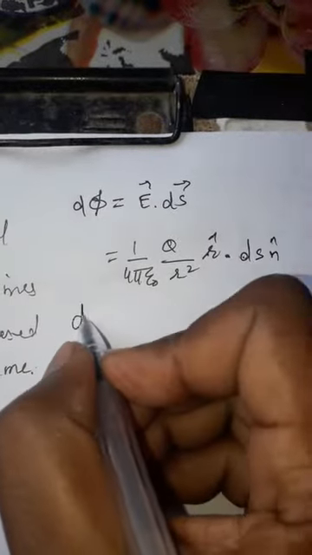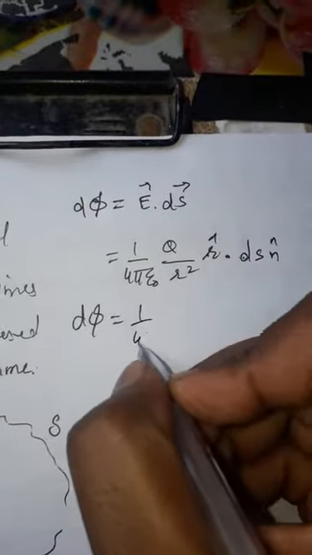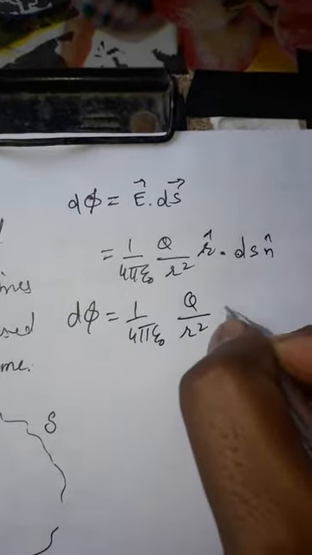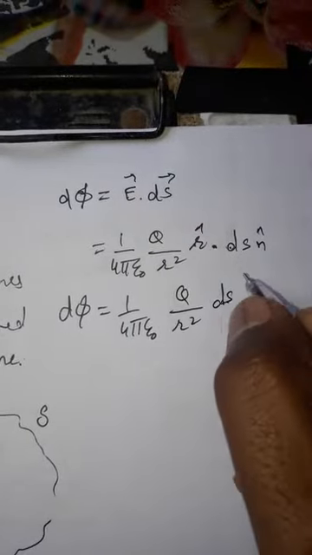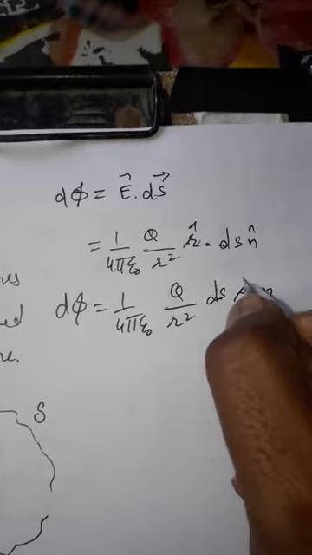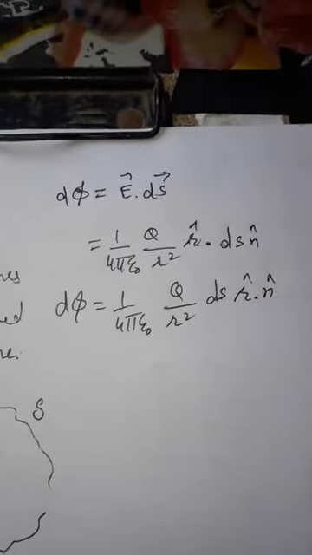So d phi must be 1 upon 4 pi epsilon naught q upon r square into ds, r cap dot n cap.